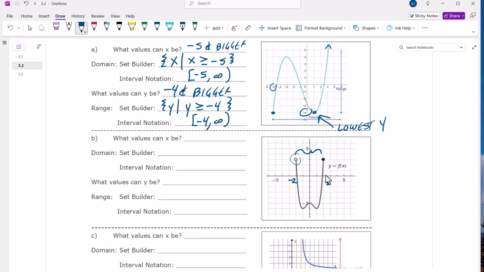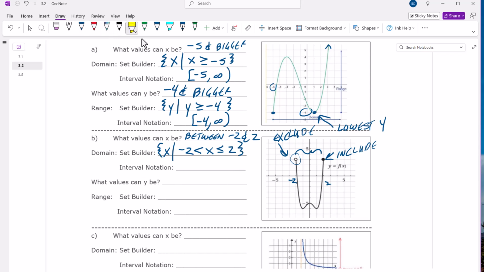So basically you're going to be between -2 and 2, but you're going to include the 2 because there's a solid dot there, but you're going to exclude the -2. So in the way you write this in set builder, you say set of x, then you say -2 is less than x is less than or equal to 2.